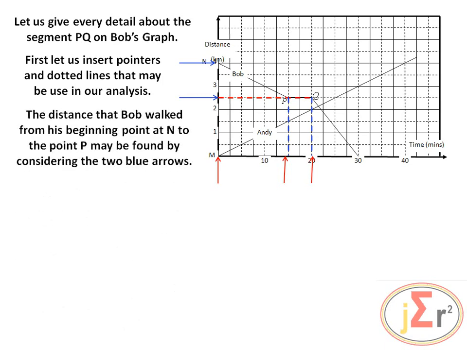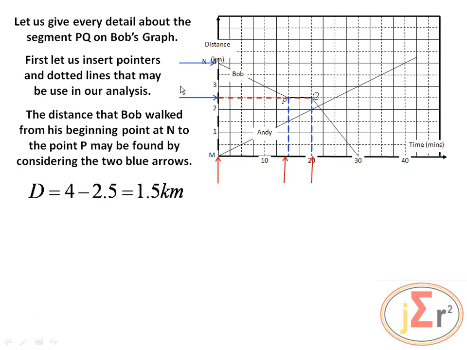The distance that Bob walked from his beginning point at N to the point P may be found by considering the two blue arrows. We are going to be looking at the distance that Bob traveled in moving from N to where PQ may be found. So we are looking at this distance.